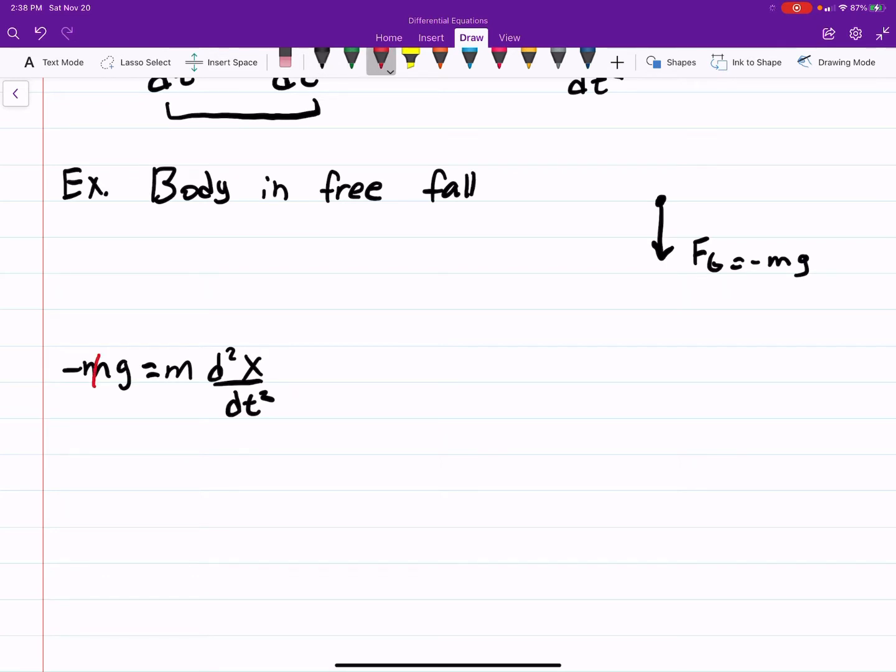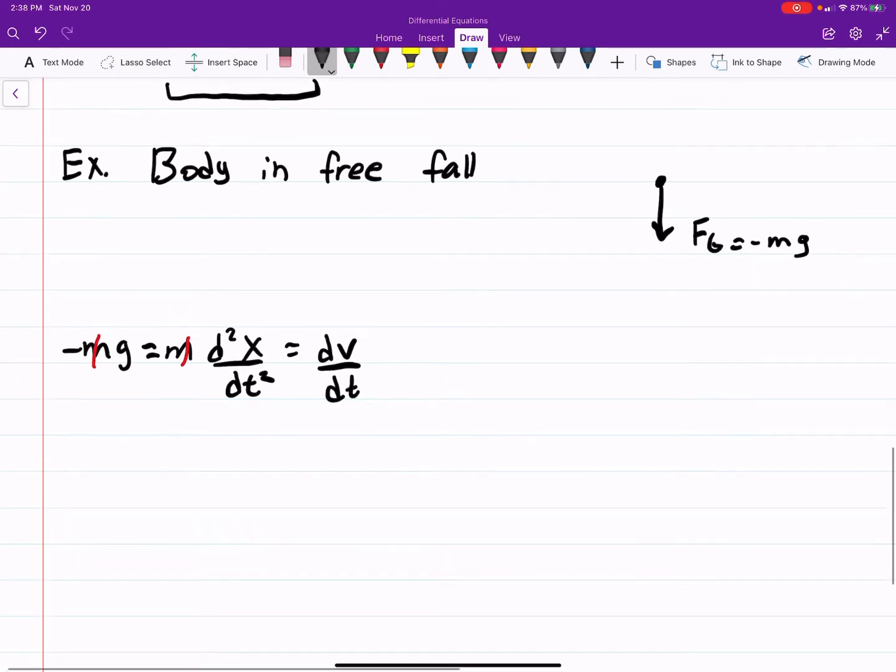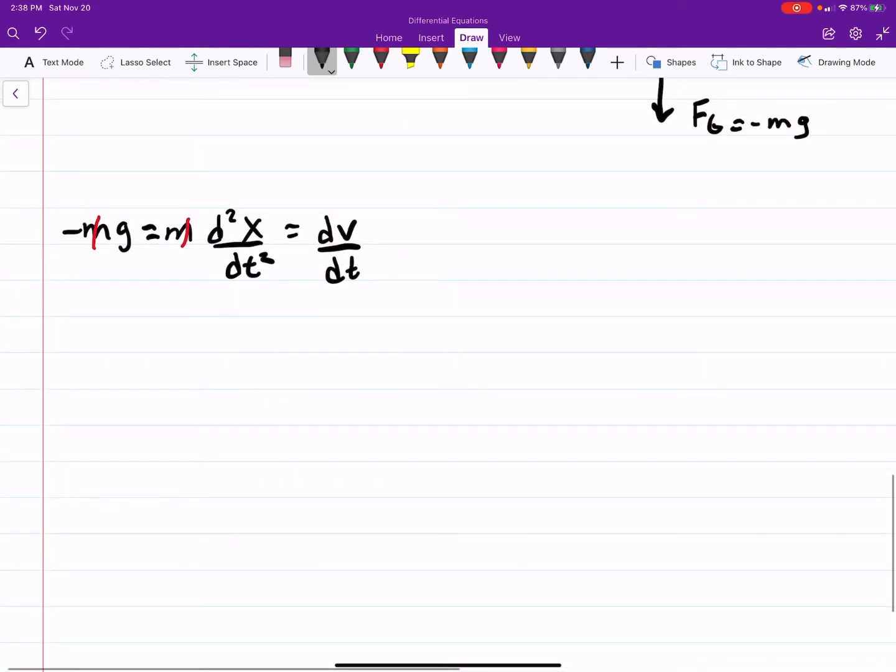The mass drops out. And actually, rewrite this as equal to dv/dt. Okay? So minus g times dt equals dv, and we can integrate both sides.